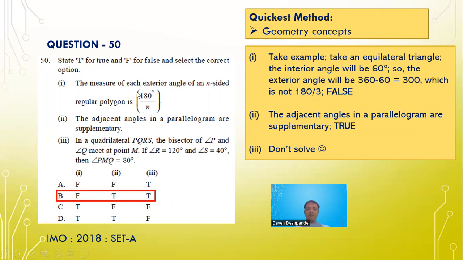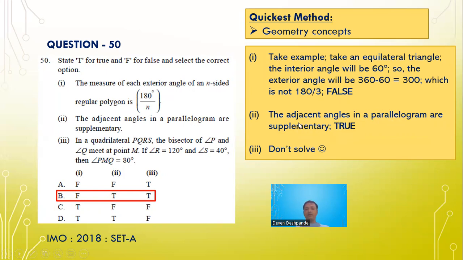And let's see whether the external angle is 180 upon n. 180 upon n, where the number of sides is 3, is 60. So 300 is not equal to 180 upon 3. 180 upon 3 is 60. Okay, so this first statement is false. Statement 2: adjacent angles in a parallelogram are supplementary, which is true, isn't it? Adjacent angles are supplementary, and their sum is 180 degrees.